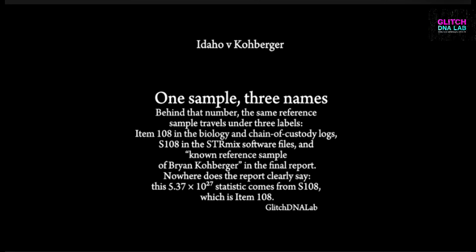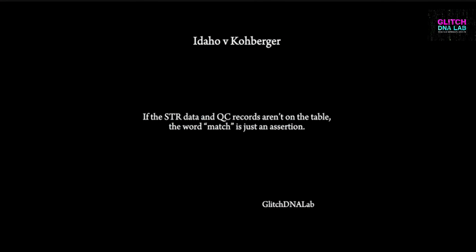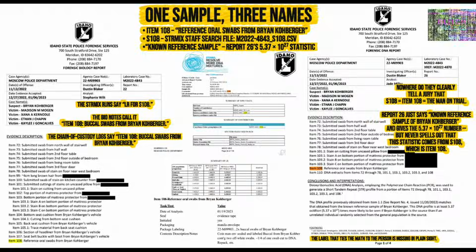In a death penalty case, the suspect's DNA reference should never be hiding under a staff search label. That phrase has a specific meaning in quality control. It's for lab employees, not the man on trial. If the lab reused a staff search template for the key STRmix run and never fixed the wording, that's a documentation failure, not just a typo.